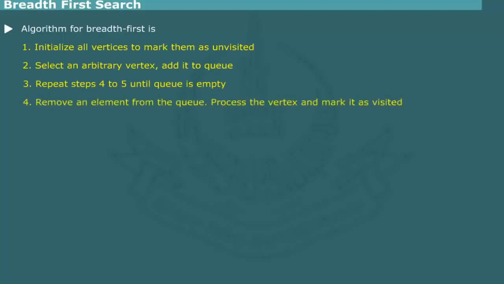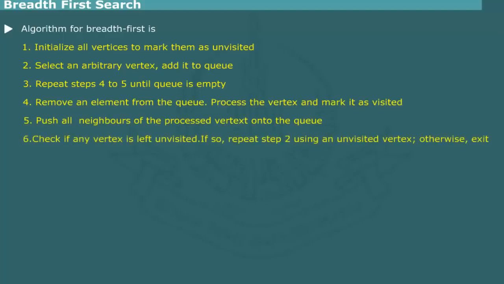Step 4. Remove an element from the queue. Process the element and mark it as visited. Step 5. Insert all neighbors of the processed element into the queue. Step 6. Check if any vertex is left unvisited. If so, repeat step 2 using an unvisited vertex, otherwise exit.